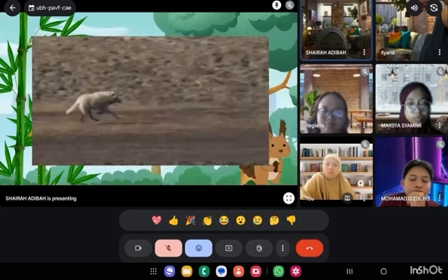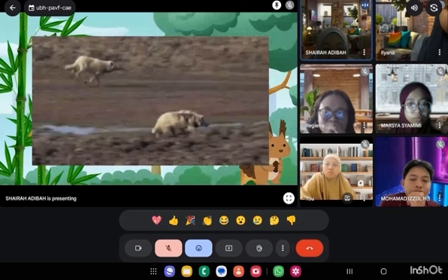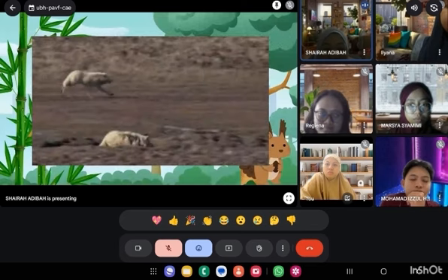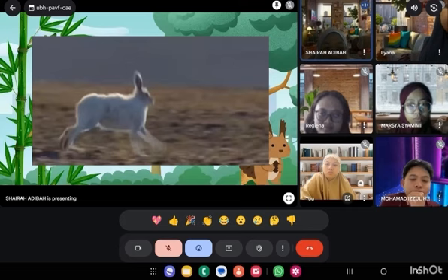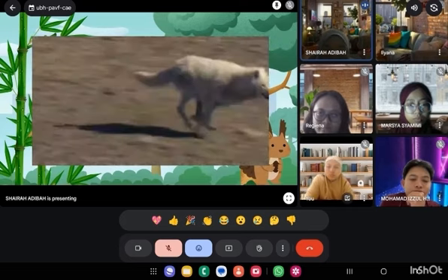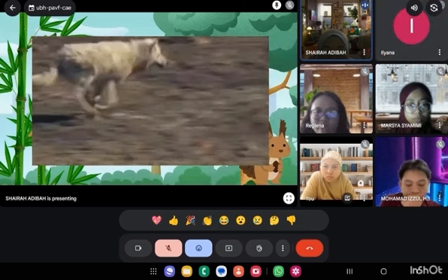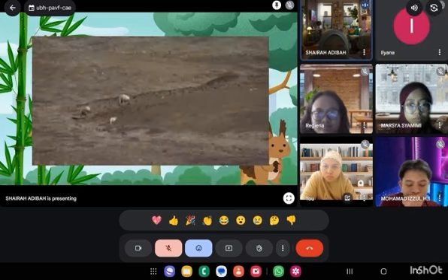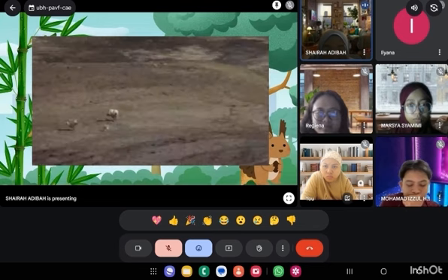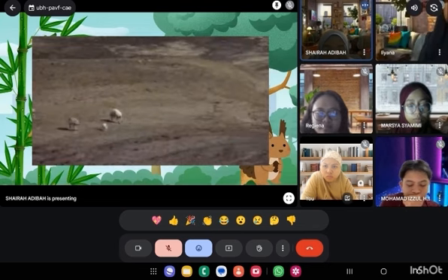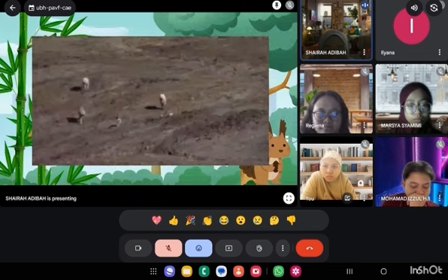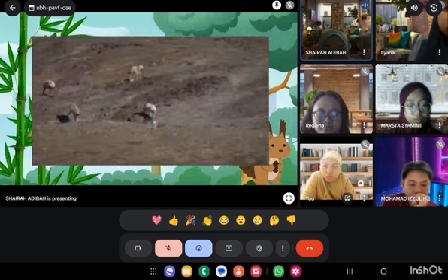For the next hare, the whole pack gives chase. Now numbers count. The lead wolves keep up the pace. Others run on either side, so the hare can't change direction.